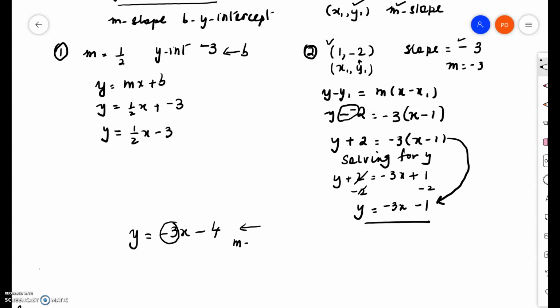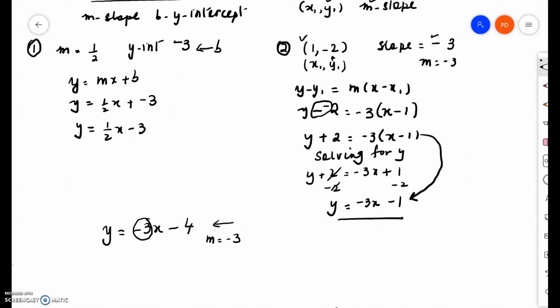So slope is equal to -3, and notice that these two lines have the same slope, which means the two lines are parallel. So there's one thing you need to remember: parallel lines have same slope.